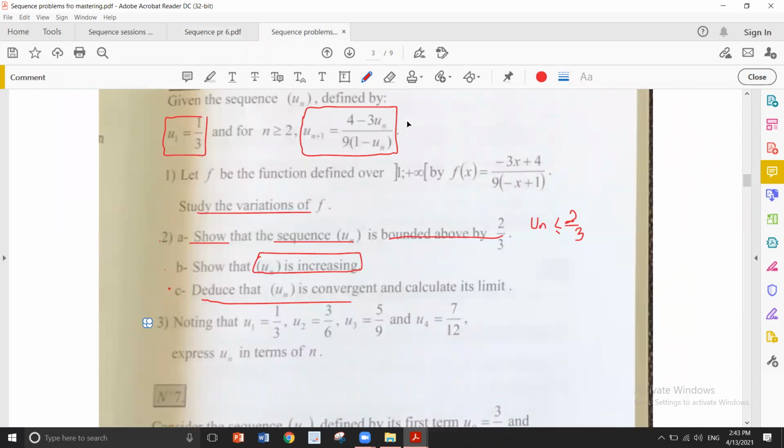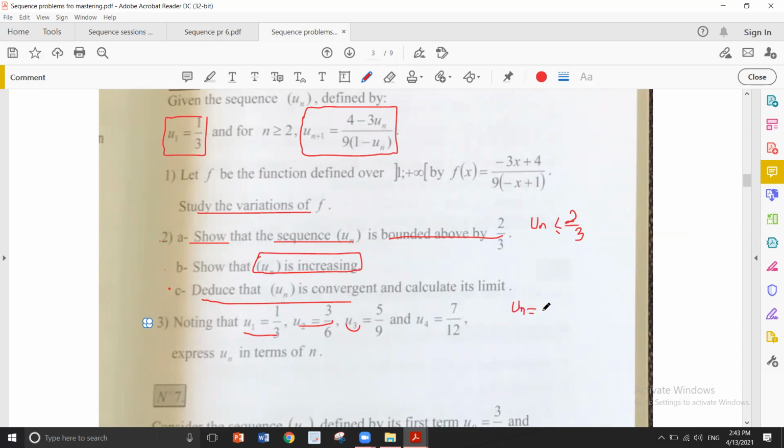Part 3. Noting that U1 equals 1 over 3, U2 equals 3 over 6, U3 is 5 over 9, U4 is 7 over 12. Who can tell what is un?